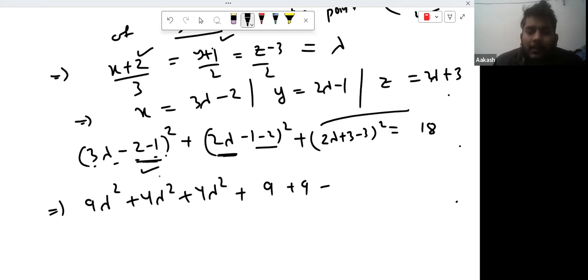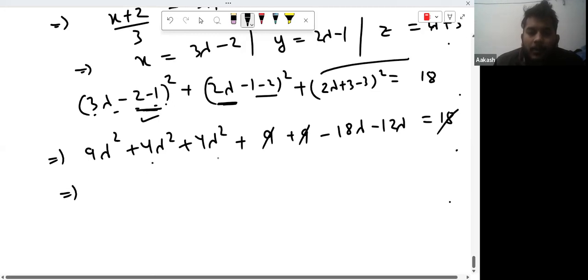And here we'll have a minus 2ab, which is minus 2 times 3, 6 times 3, 18. And here 2 times 2, 4 times 3 is 12. Okay, is equal to 18. So we can see this 9 and 9, 18, it is cancelled.